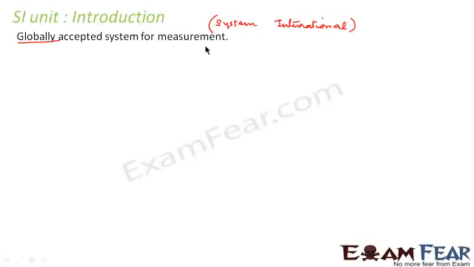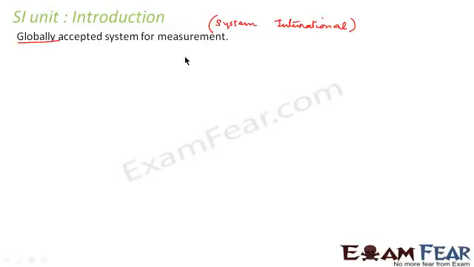For example, let us suppose you had to travel to somewhere in Hong Kong. In Hong Kong, they use their own convenience and they use the Hong Kong system of units. So it would be very difficult for you to communicate units there.